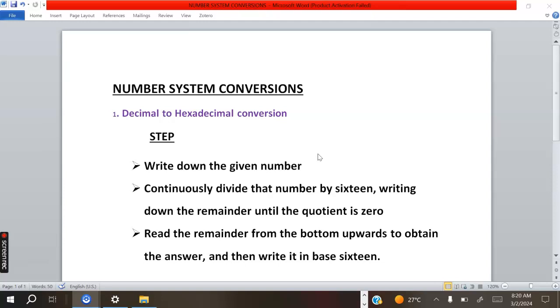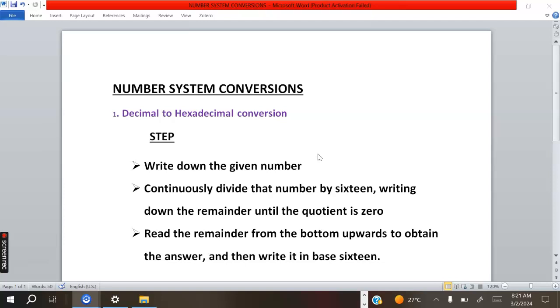Decimal runs from 0 to 9, then after 9 we have A, B, C, D, E, and F. A represents 10, B is 11, C is 12, D is 13, E is 14, F is 15.